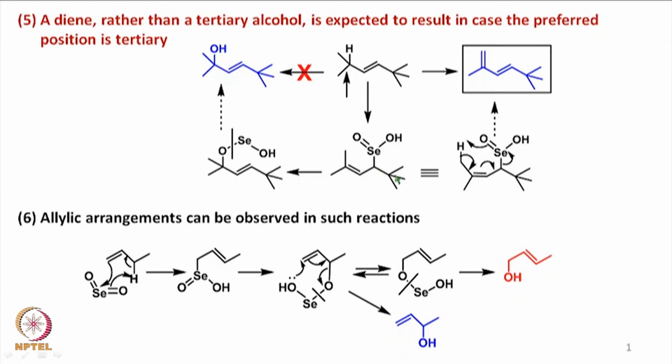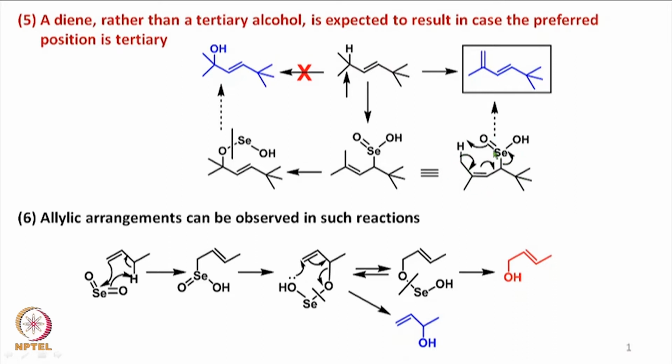Now, what happens is we do not get such a tertiary allylic alcohol, but we get the corresponding diene. So, what one could expect that when such a selenium based intermediate is formed, there is a migration of the double bond from here to here, followed by cleavage of the carbon selenium bond and removal of a proton, and of course formation of another double bond.